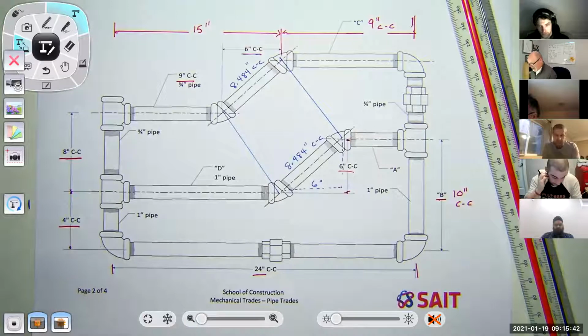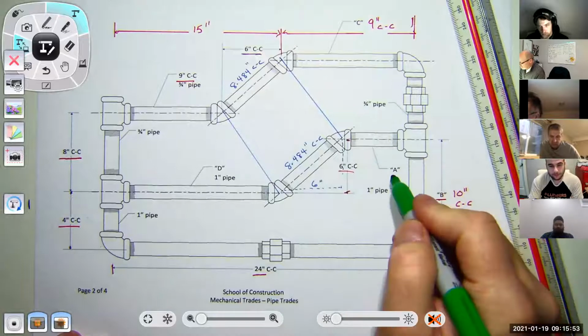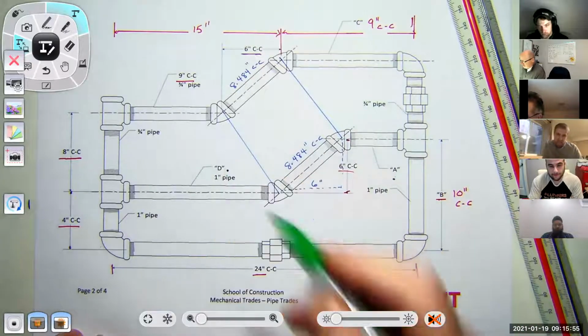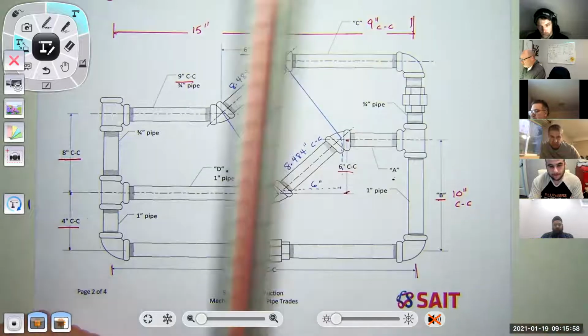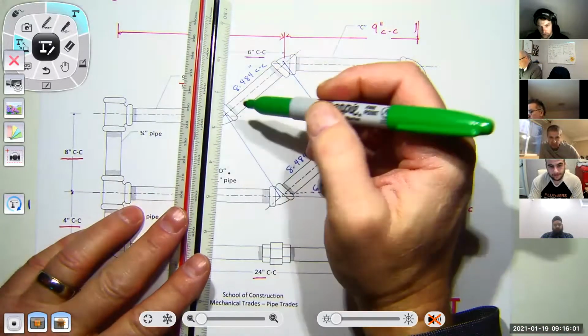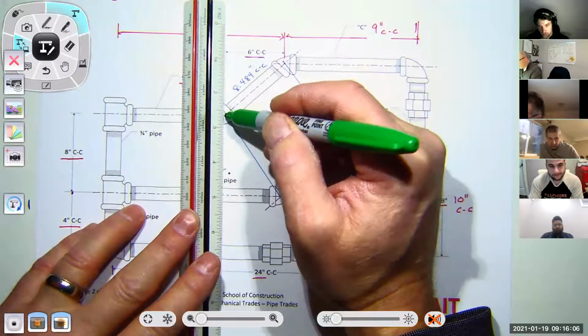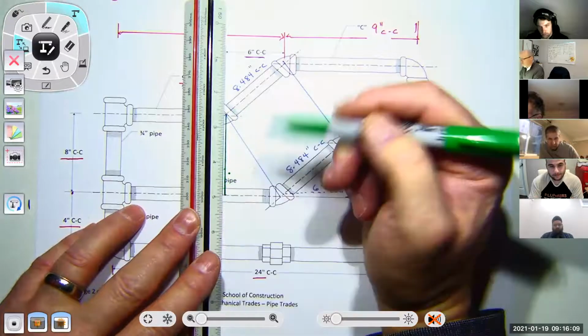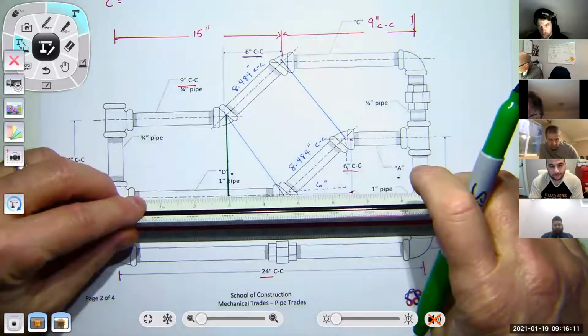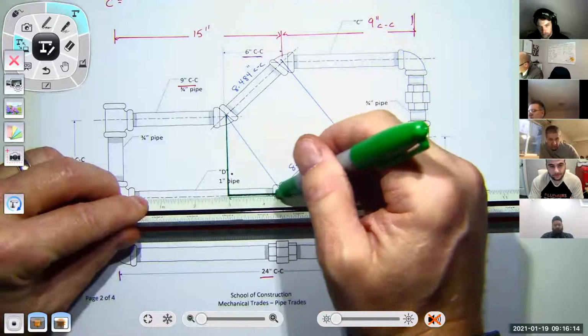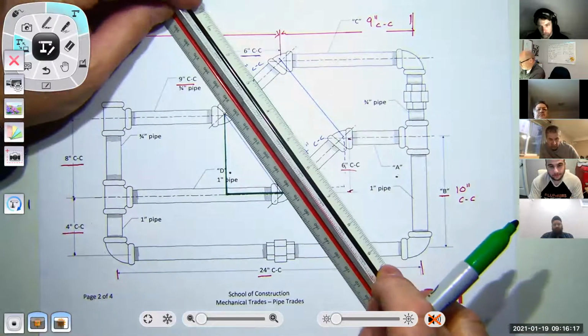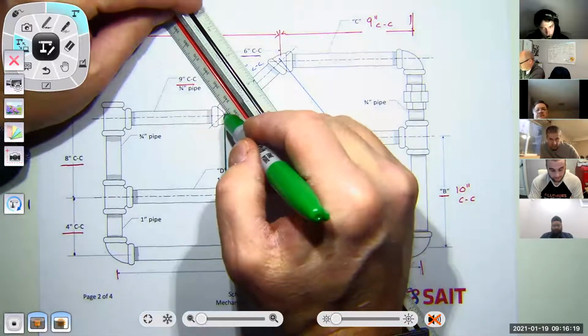And now the next step on this is to solve for A and D. So what I'm going to do is I'm cutting this 45 in half, making a 22.5 degree right angle triangle. There's my 22.5 degree right angle triangle, my first one.